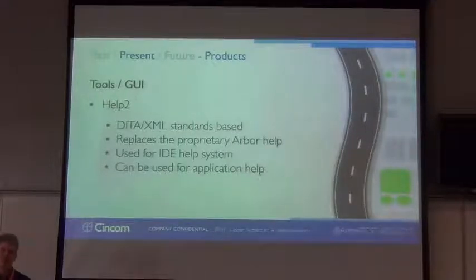Okay, Help 2 uses DITA, the Darwin Information Typing Architecture. It's an open standard, and we basically took out the old proprietary work and replaced that with this modern open standard. It's used in our IDE for the new release, and you can also use it for your applications for help support. It's nice, clean, and modern.